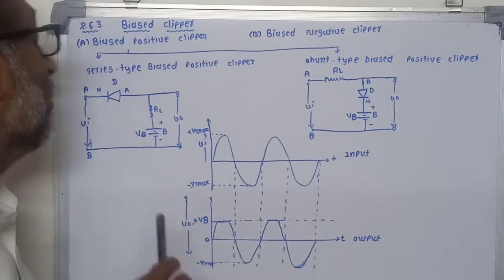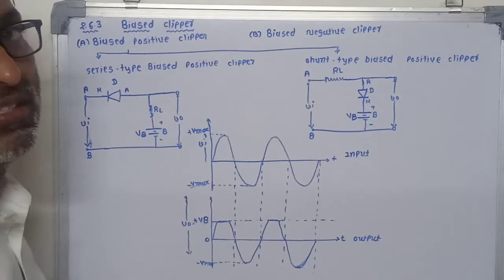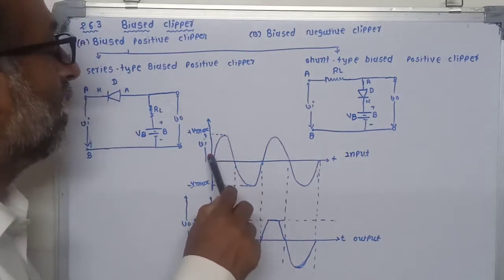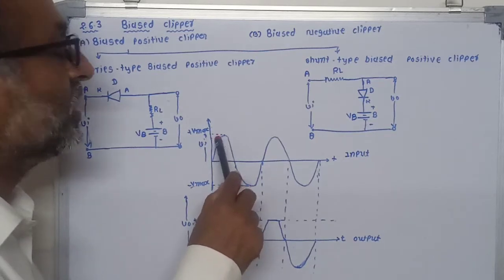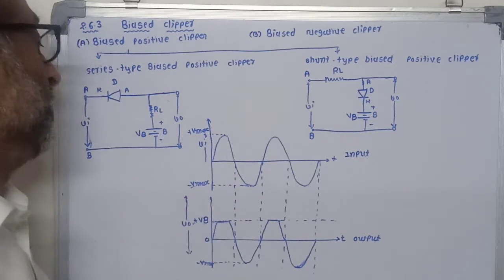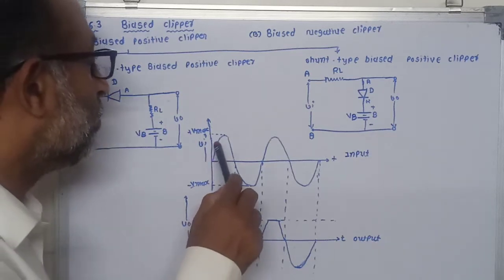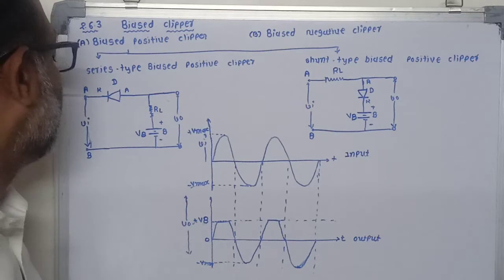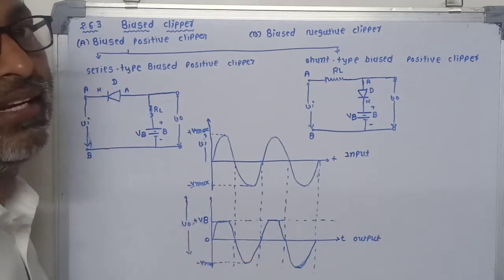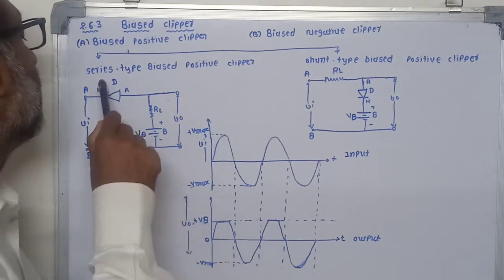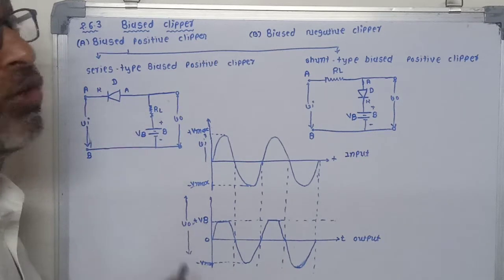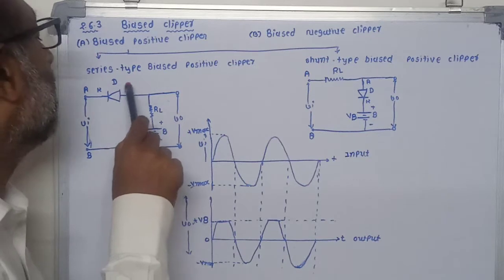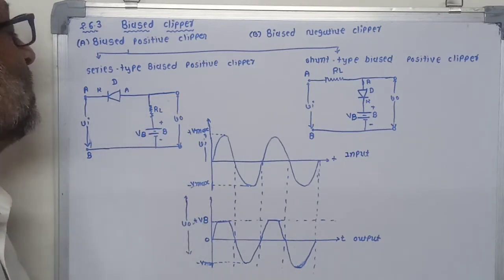Now when the value of this input voltage is increased as per time, the value of this positive voltage is increased with respect to time. When the value of this input voltage is greater than this battery voltage VB, that means VI is greater than VB, at that time the potential available at the cathode terminal of this diode is greater than the potential available at the anode terminal of this diode.